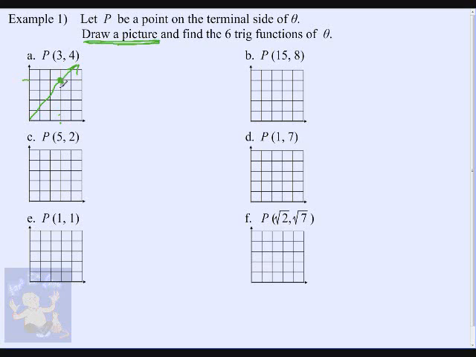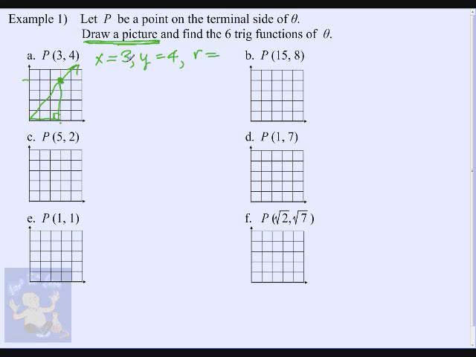All right, I'm going to draw a picture for sure. This is a right triangle. My x is equal to 3. My y is equal to 4, and I'm going to use the Pythagorean theorem to figure out what my r is. How do I do that?